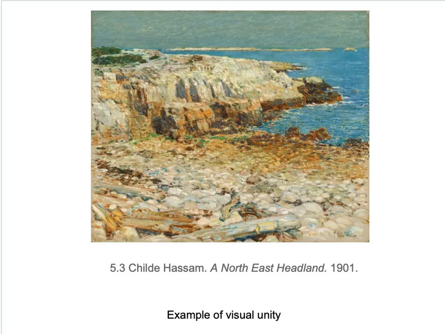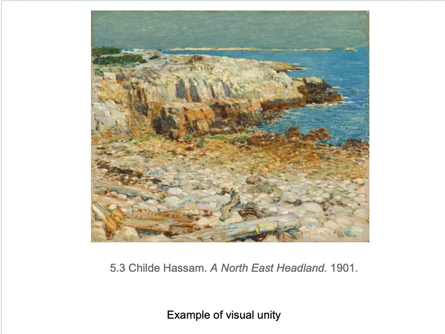Okay, this is Hassam's A Northeast Headland, 1901. And this one, I'm just going to let you look at it for a second. I give you the answer at the bottom where it says it's an example of visual unity. But as we start to look at these and analyze artworks today, like we're real art critics right now, we are really visually analyzing what we see.